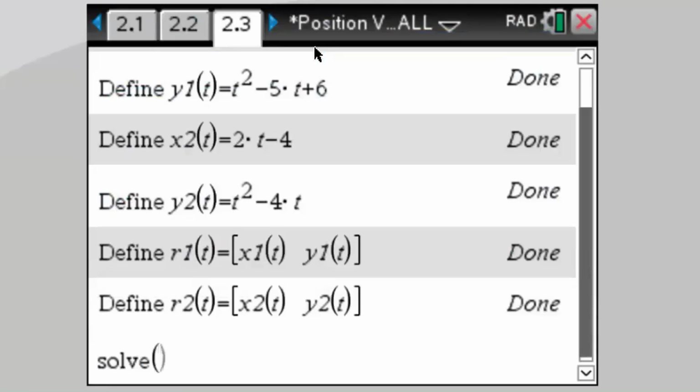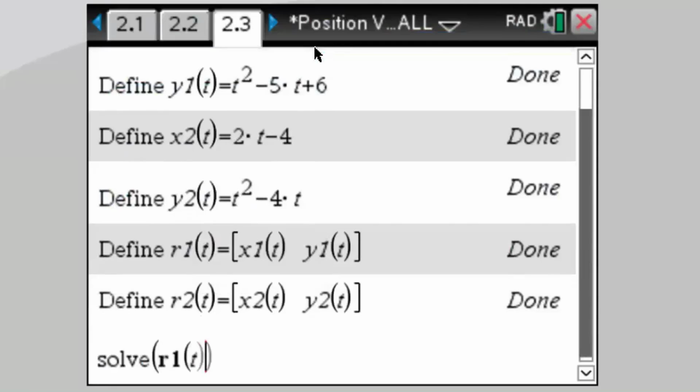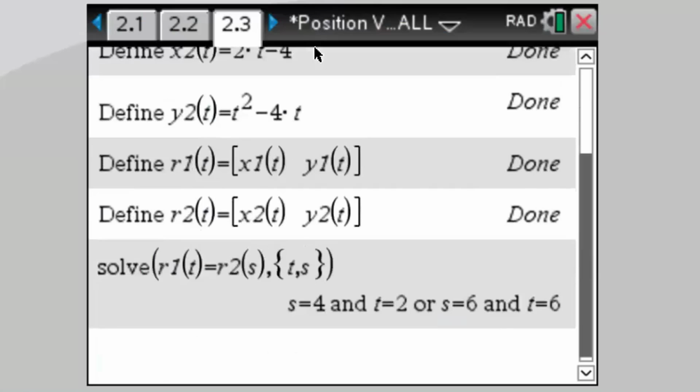So I want to solve R1 of t equal to R2 of S. S is the time frame measured for particle 2 and t is the time frame measured for particle 1. So we're going to solve that for t and S. That gives me S equals 4, t equals 2, or S equals 6 and t equals 6.